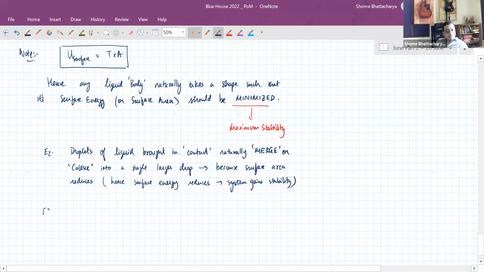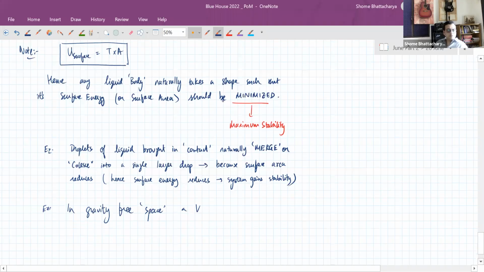Another example is that in a gravity-free environment, a volume of fluid will naturally take the shape of a spherical mass or a spherical volume. Because naturally or geometrically, a sphere has minimum surface area to volume ratio.